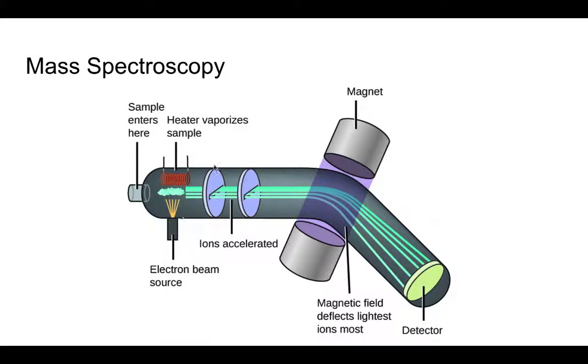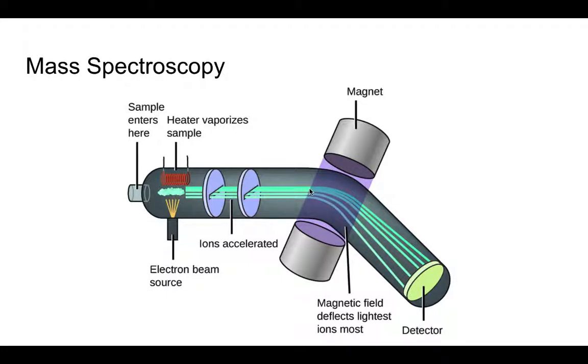So these are ions now because they've been ionized by the X-rays that are being passed through. And when they get to this magnet, they are deflected by the magnet. The magnet can actually change their path because now they're charged particles. The thing is, it's easier for them to change their path if they're lighter. So we could see this band right here. This is probably a relatively light molecule or piece of a molecule.